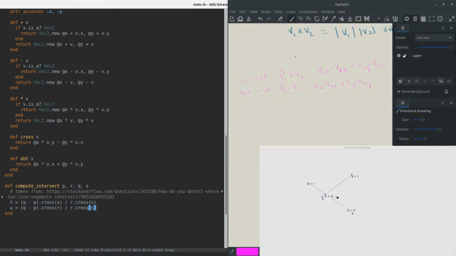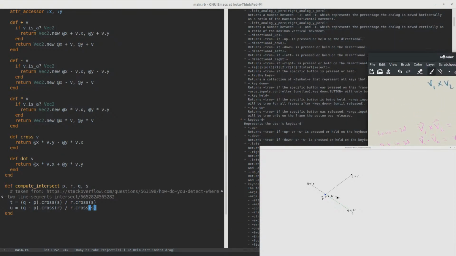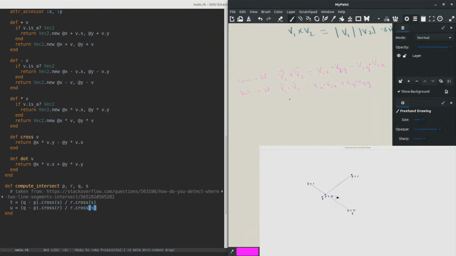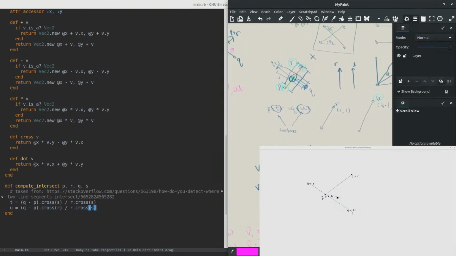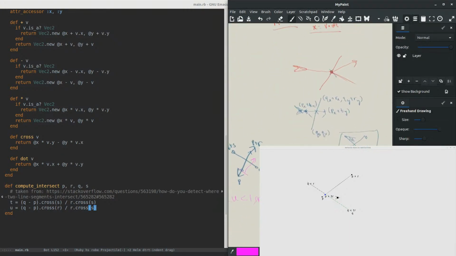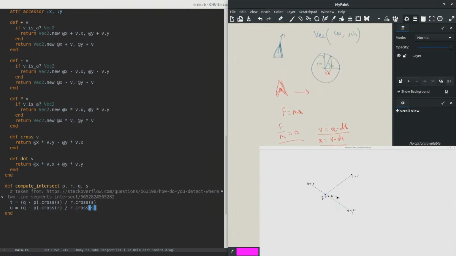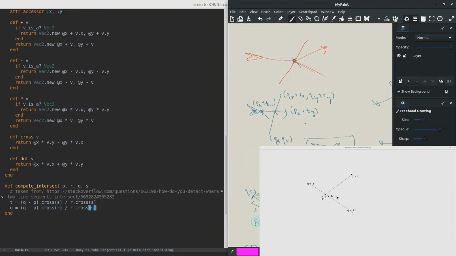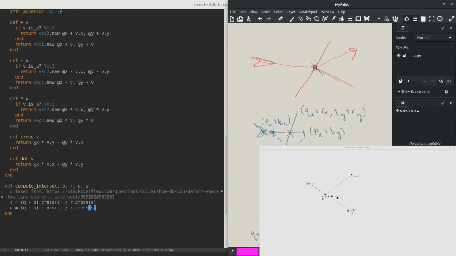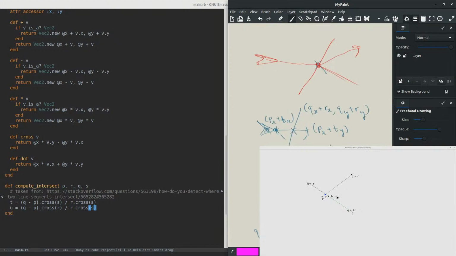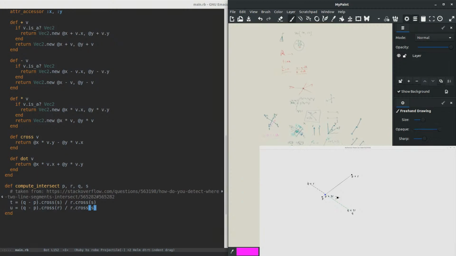Okay, so now we actually have to do our intersections. So let's kind of go back to our original equations here. If I can find them. Kind of just splayed all these things around here. Why don't we look at this instead?